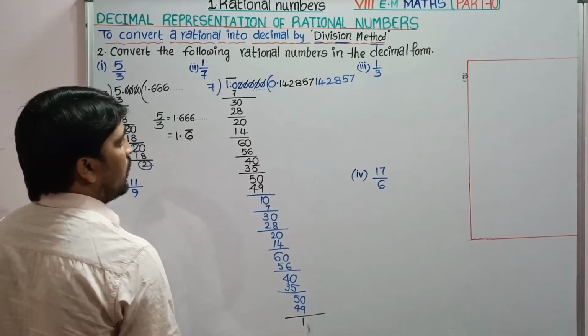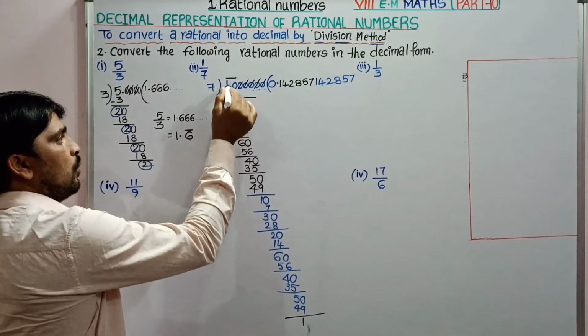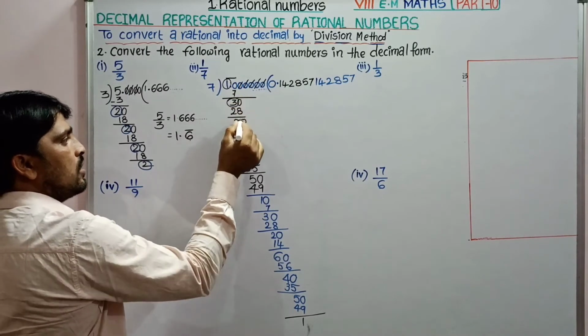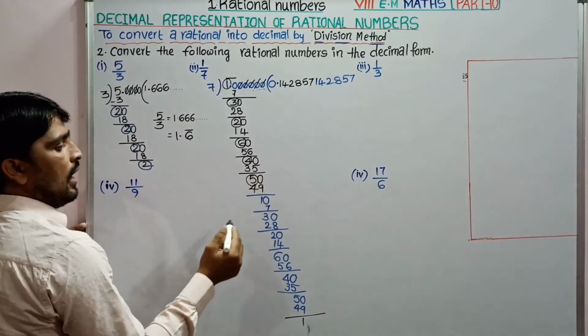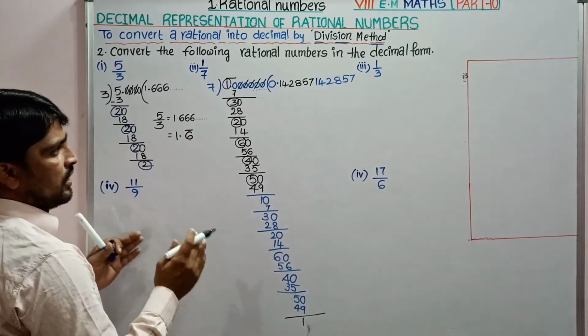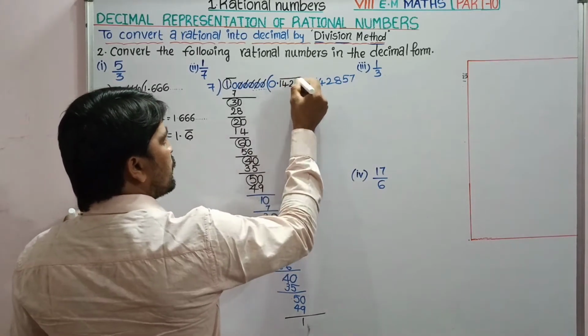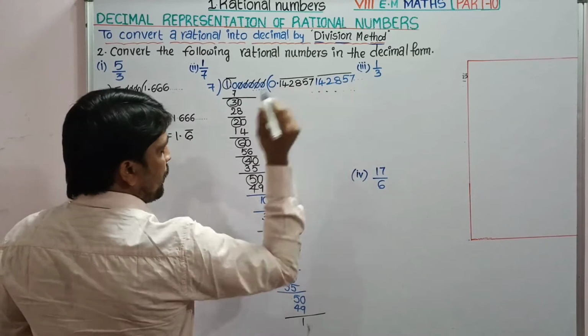That means every time the group of digits 1, 3, 2, 6, 4, 5 appears as remainder in the division, and the group of digits 1, 4, 2, 8, 5, 7 is repeated in the quotient after the decimal point.